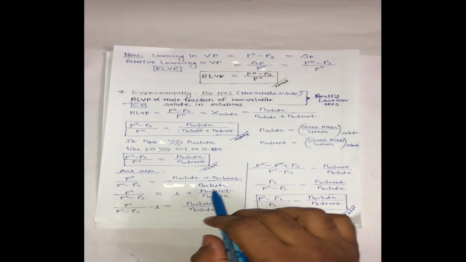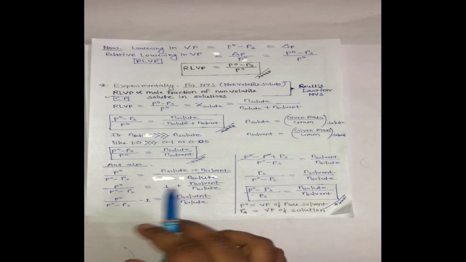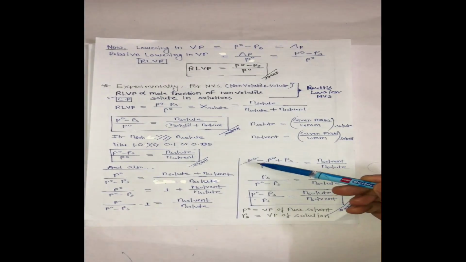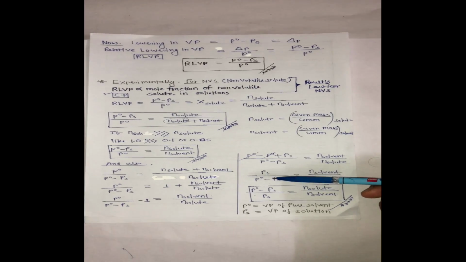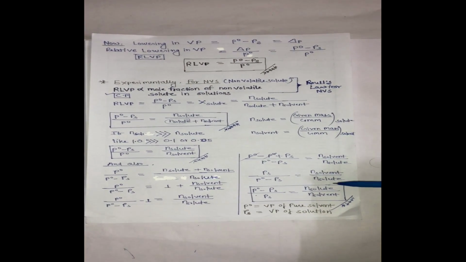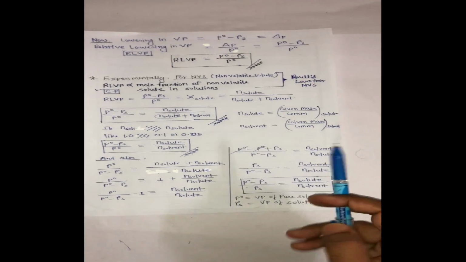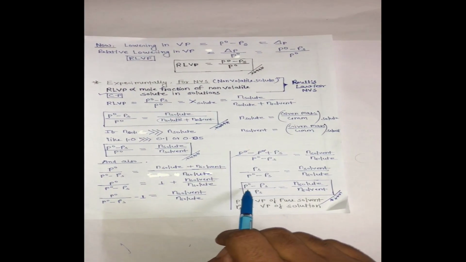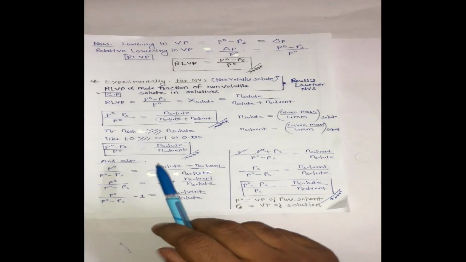Or here N solute can be common, then if we shift 1, it will be minus 1, then again P naught minus P naught will cancel out. So the new formula: PS divided by (P naught minus PS) equals N solvent divided by N solute. Or, just reverting this equation, we get three formulas: (P naught minus PS) divided by PS equals N solute divided by N solvent.